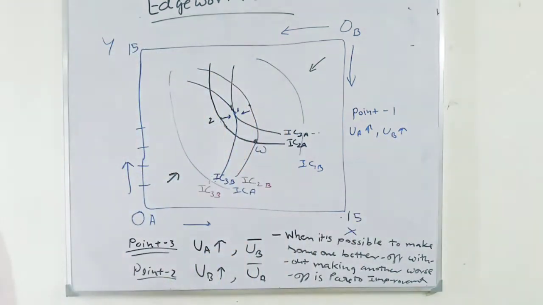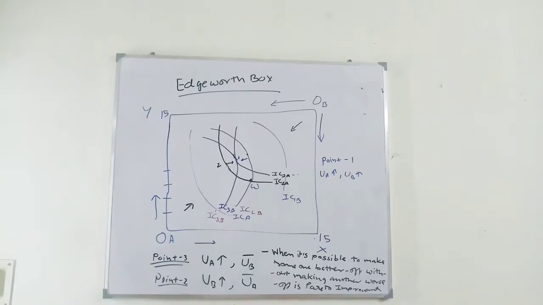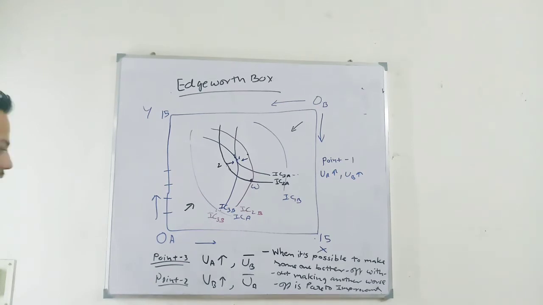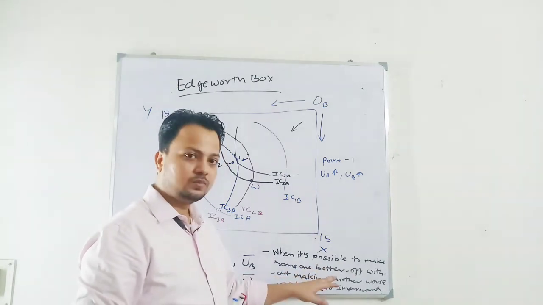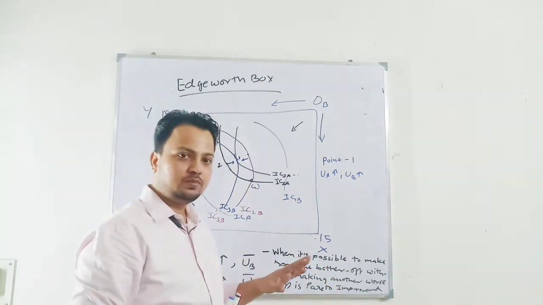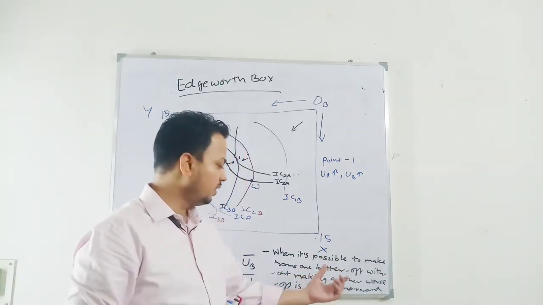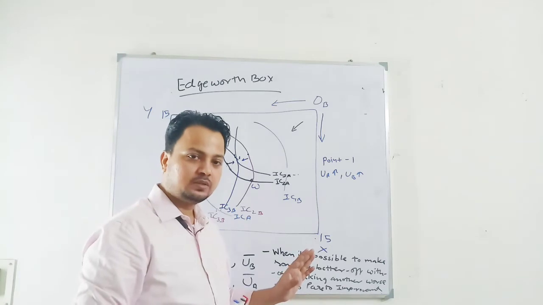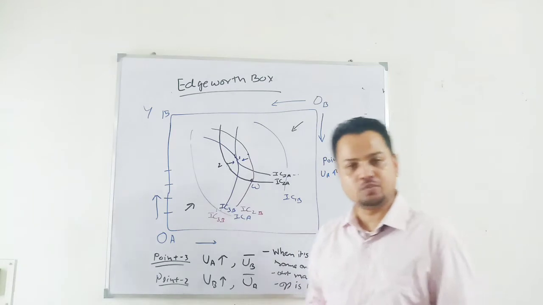So when it is possible to improve utility of both agents, we have Pareto improvement. So when we write the definition of Pareto improvement, what does it mean? When it is possible to make someone better off without making another worse off, it is Pareto improvement, and when we are able to make everyone better off, that is also Pareto improvement.